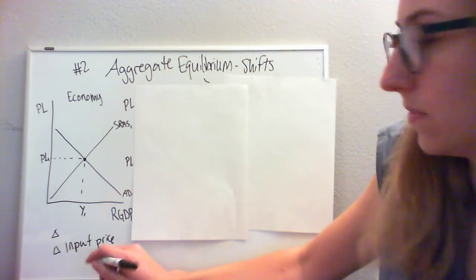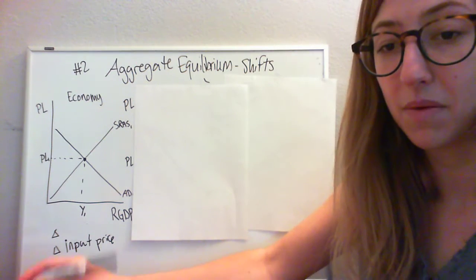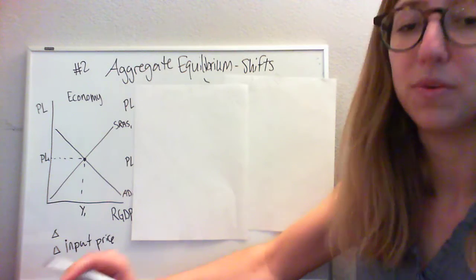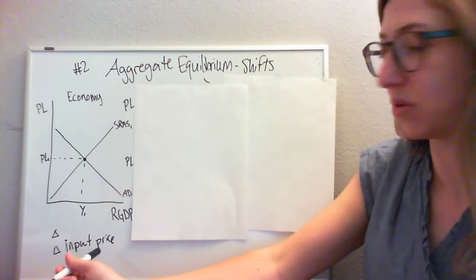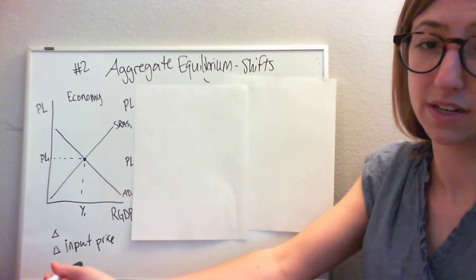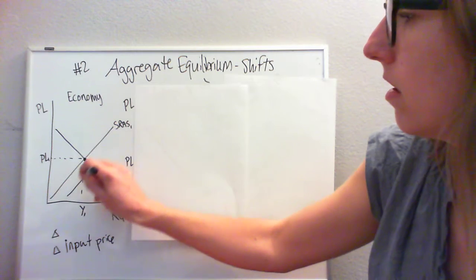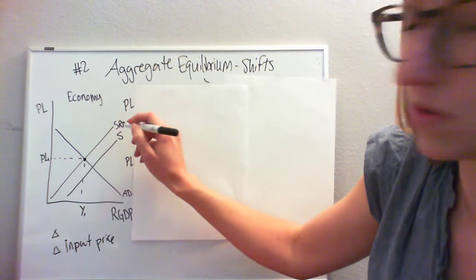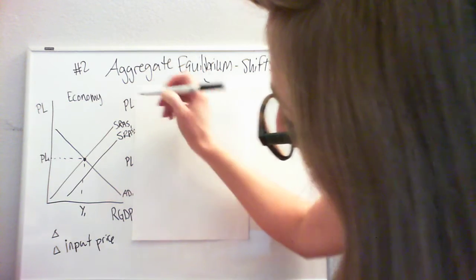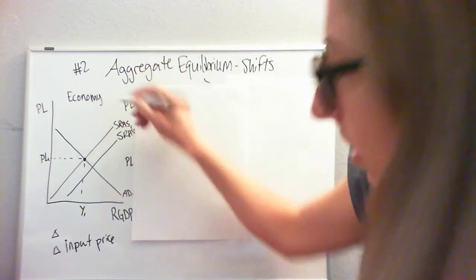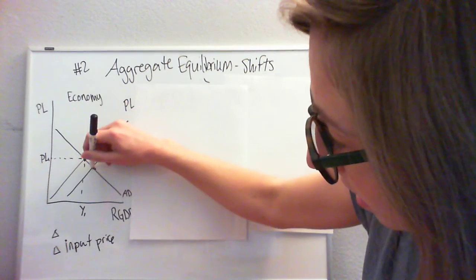Oil prices are a major input price or resource price. A change in input price or resource cost is a great aggregate supply shifter. So if oil prices are lower, it's easier to produce. So SRAS1 to SRAS2, shift it out.